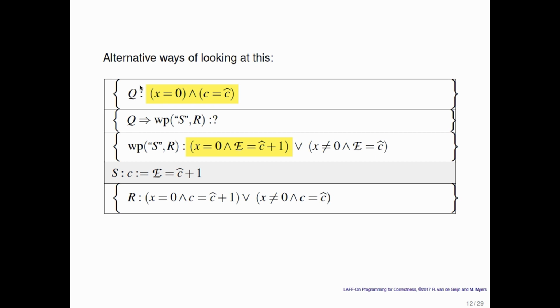But we notice from the precondition Q that c hat is actually the content of variable c. What that means is that we can just compute with c instead, and we notice that our expression becomes c plus 1. And then we can go ahead and plug that into the weakest precondition, and we notice that Q implies the weakest precondition, and everything is great.